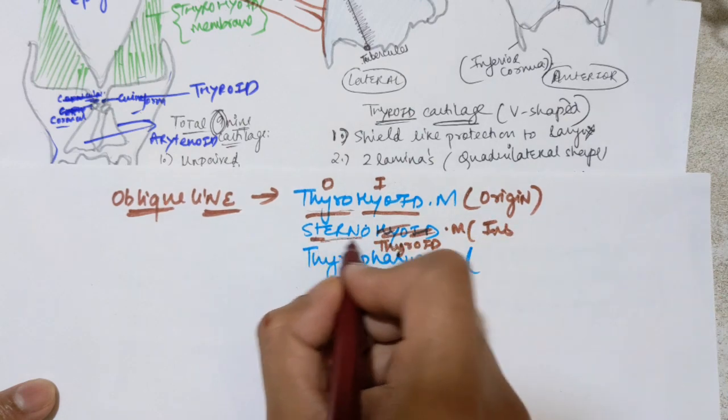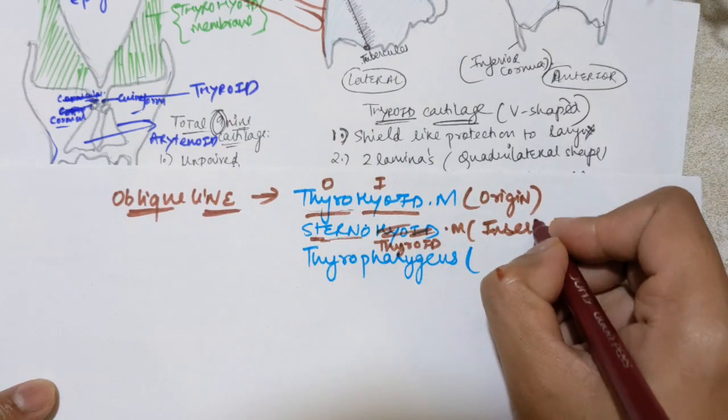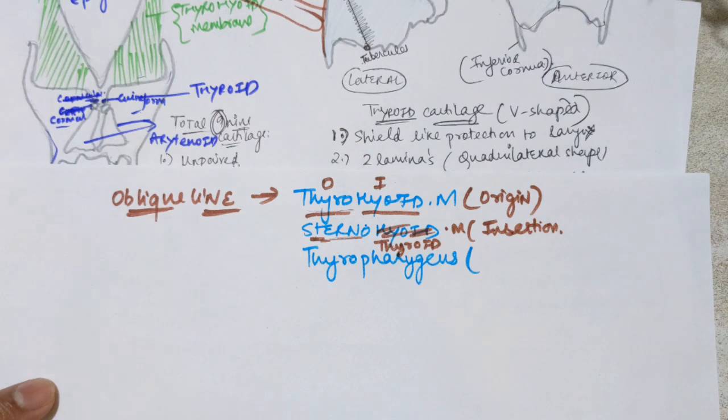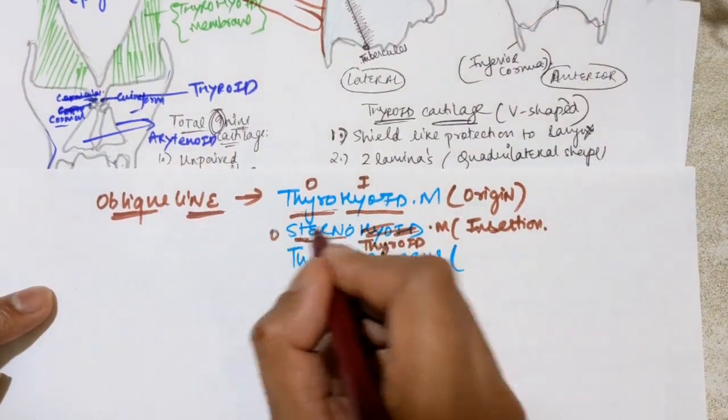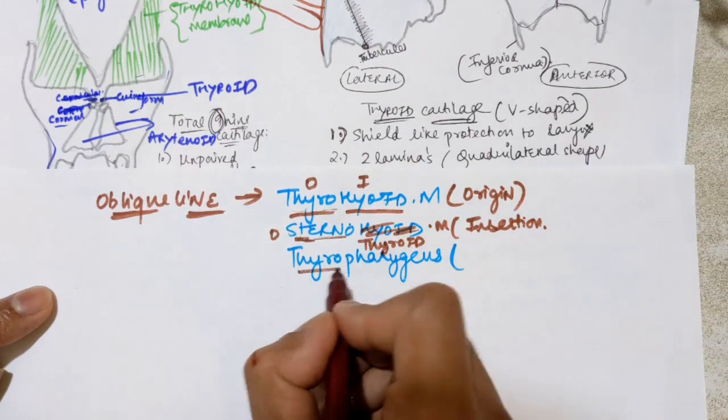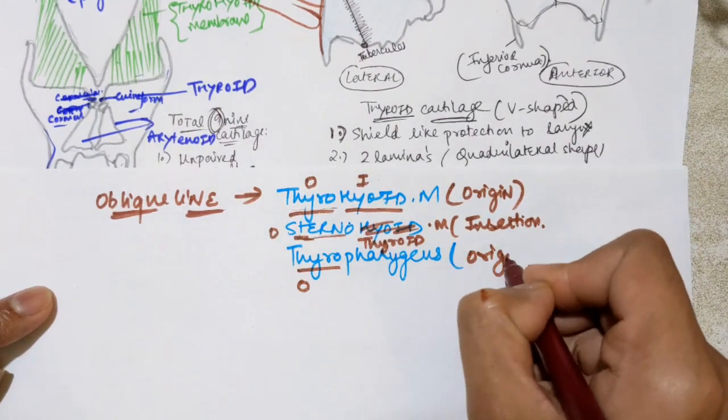For the thyrohyoid, this oblique line is the origin.